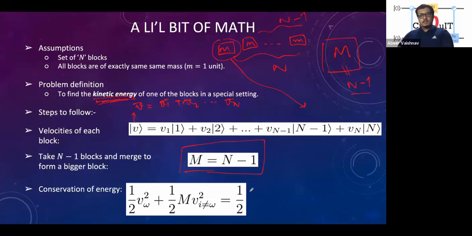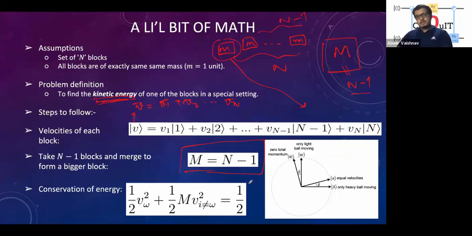What this tells us is that the total momentum will always lie in some particular bounds, and it looks something like this. If only the heavy block is moving, then it will be this particular state. If only the lighter block is moving, then it will only be this state.